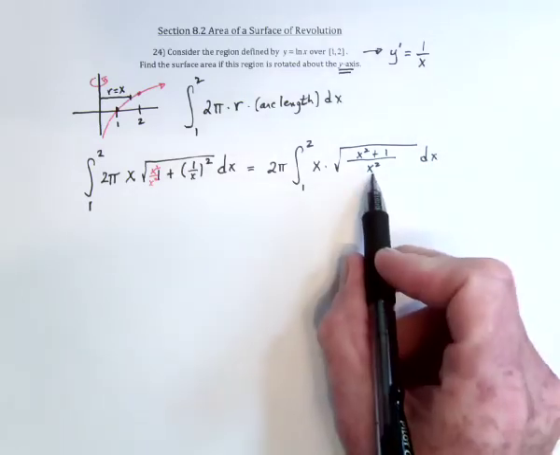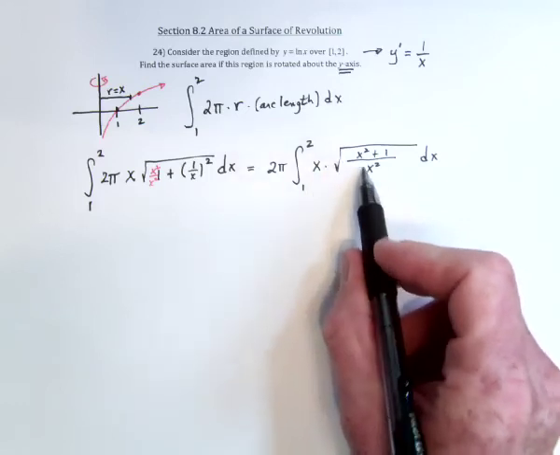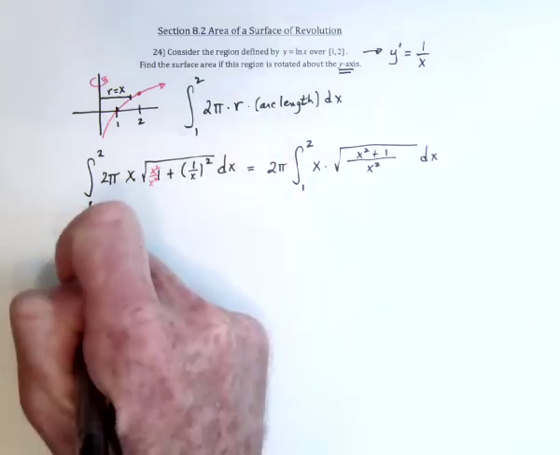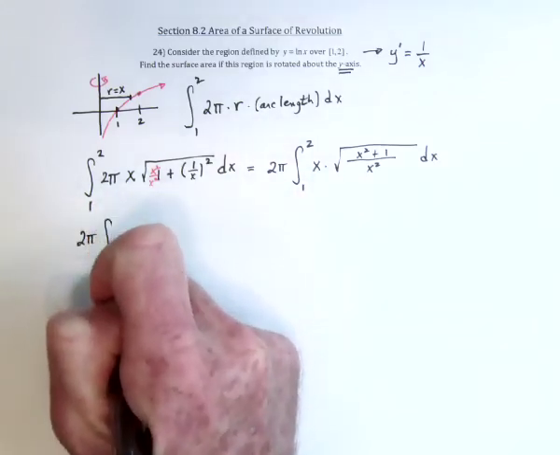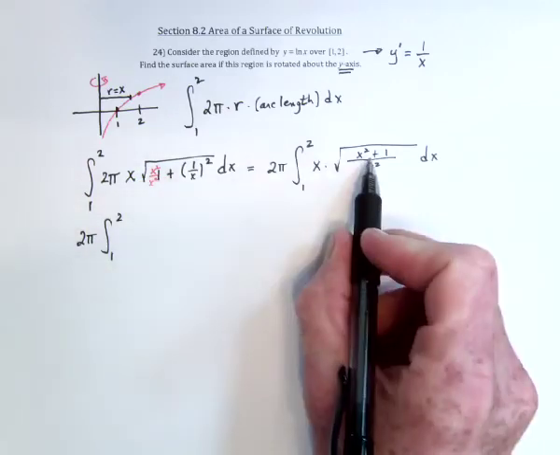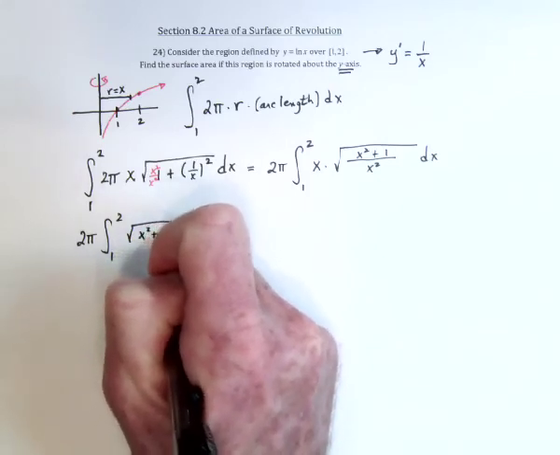And then we could take the square root of this x squared, it would put an x in the denominator, which would actually cancel this x. So now we've got 2 pi factored out, integrate from 1 to 2, and then all that's left is the square root of x squared plus 1.